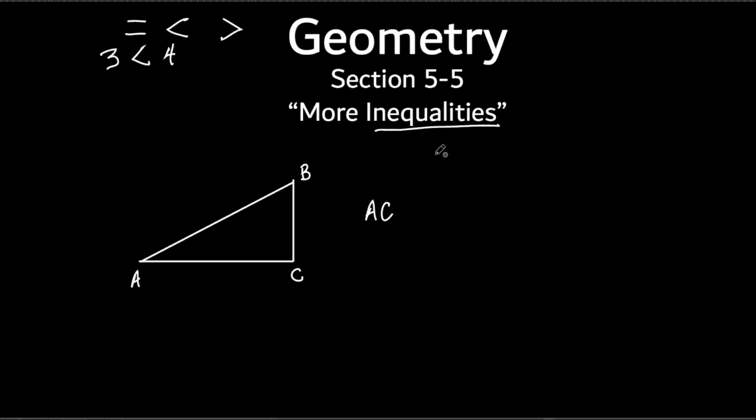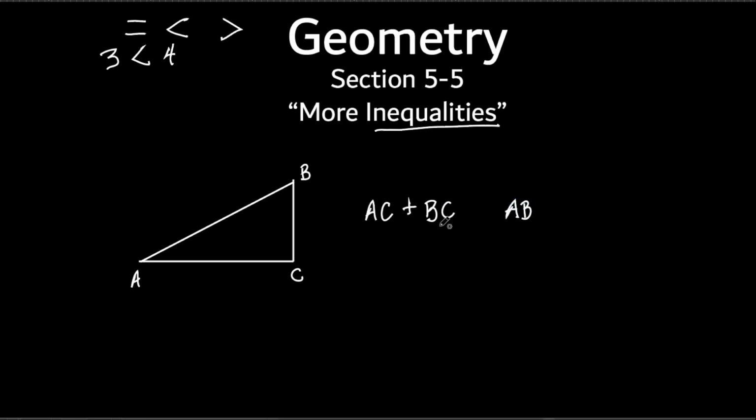I know it seems like a subtle difference, but it doesn't just mean the line segment. It means the length of the line segment, the distance of the line segment. So that represents a number, basically. Would you agree? Because that's how we measure distances. We put numbers in there. So I could say that AC plus the length of BC is what compared to, I'll put a little blank right there, to AB.